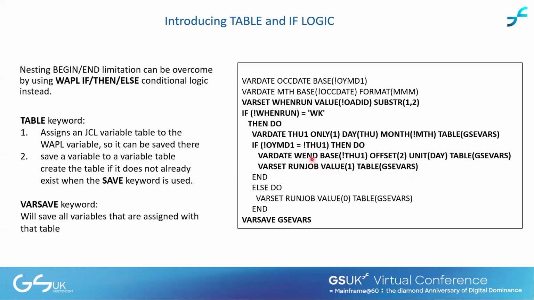If the above evaluation is not true, we'll set up the RUNJOB variable to value 0. This is important to be noted because we'll see how this RUNJOB variable is used in the next CPU job. And finally, we'll save all those previously defined variables in that GAC vars table.